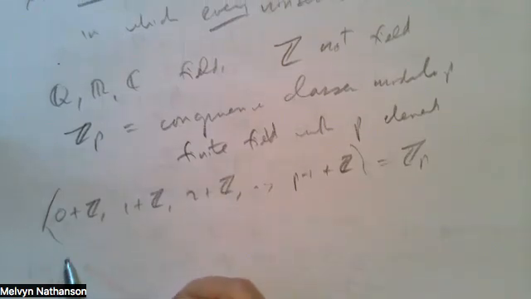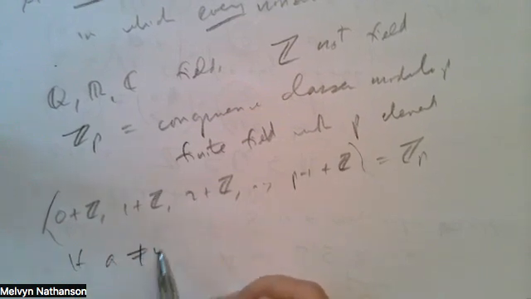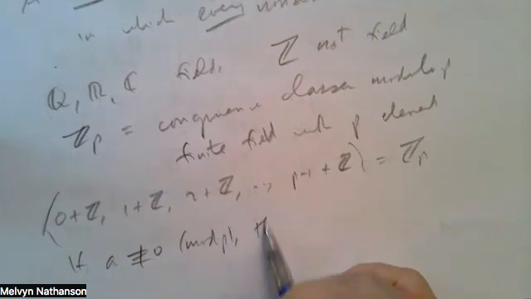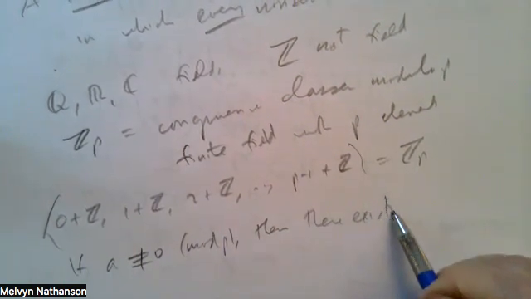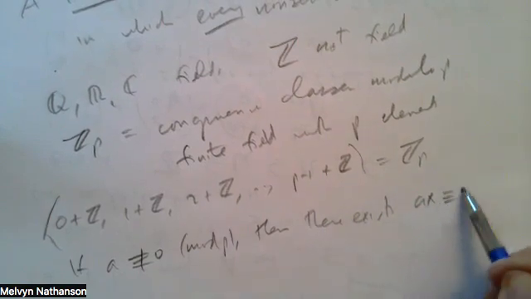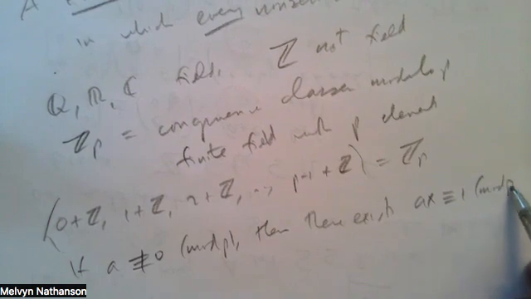And we know if a is not congruent to 0 mod p, then there exists an integer x such that ax is congruent to 1 mod p, or we can solve this equation.